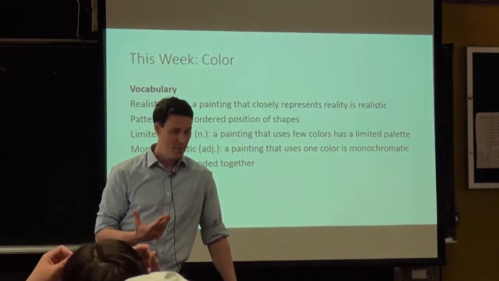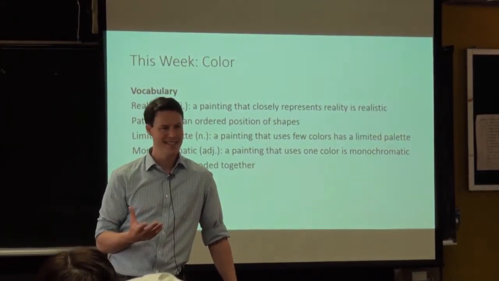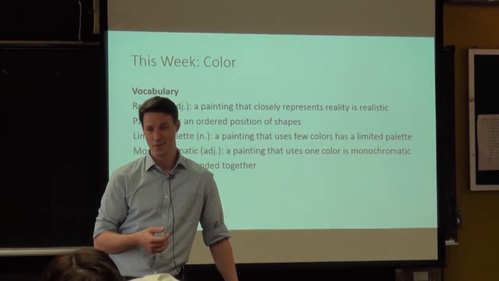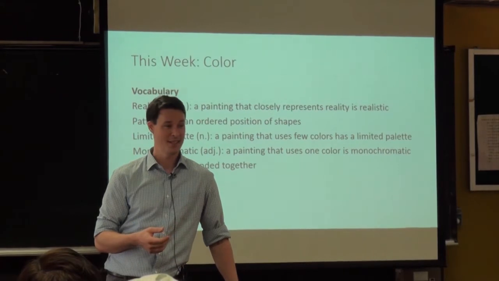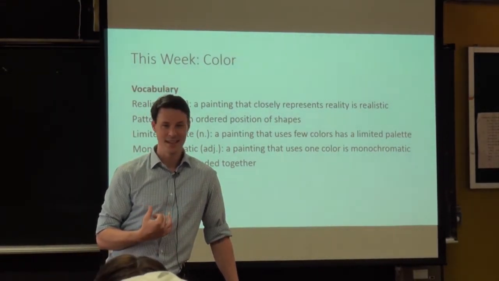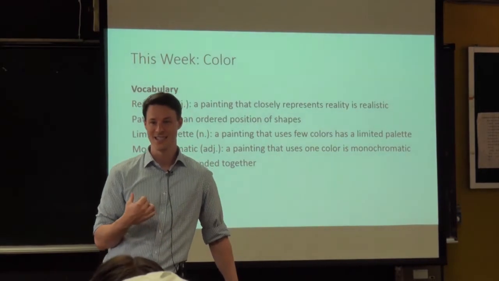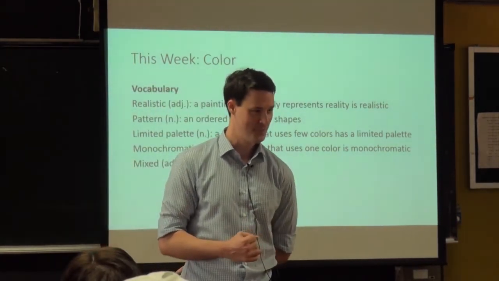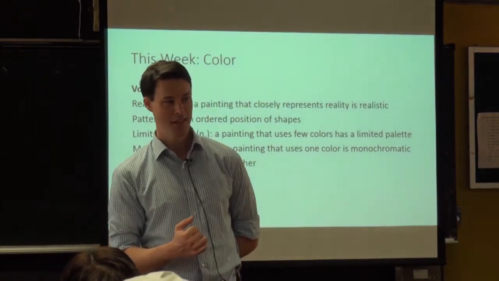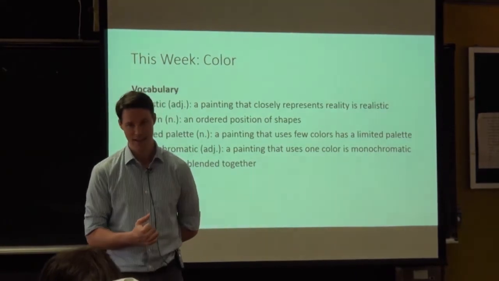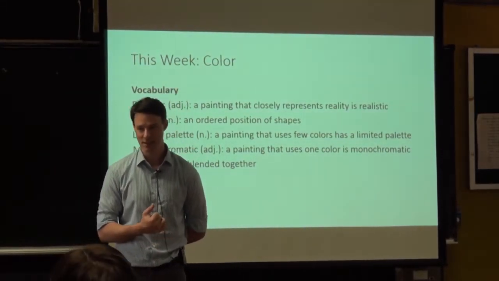Why? Because what was invented in the middle of the 1800s? Lots of things were invented then, but can anyone think of anything that might have played a role in the development of realism?